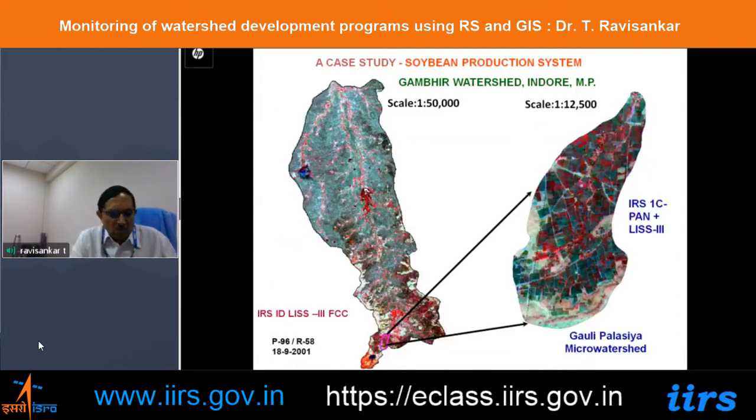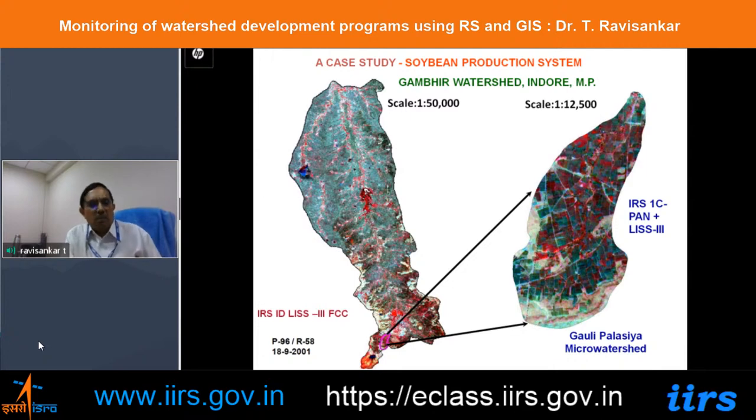And one example, when we started in the mid of the career, we were associated with one of the ICAR watershed projects or National Agricultural Technology projects, where the main objective was to improve the crop productivity in the watershed-based approach using geospatial technologies.